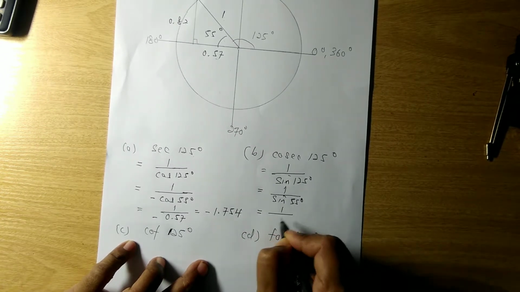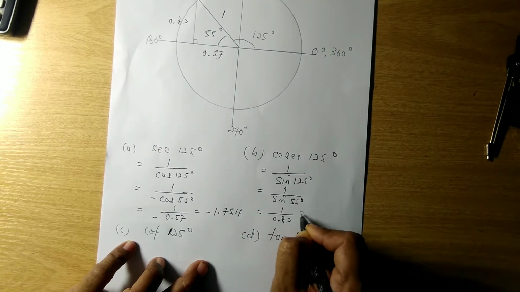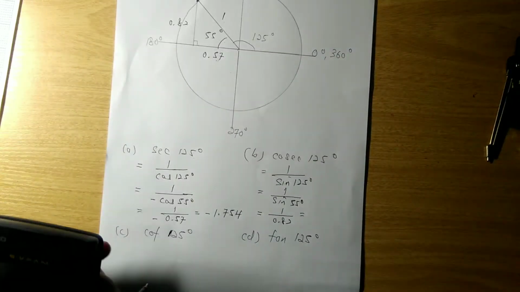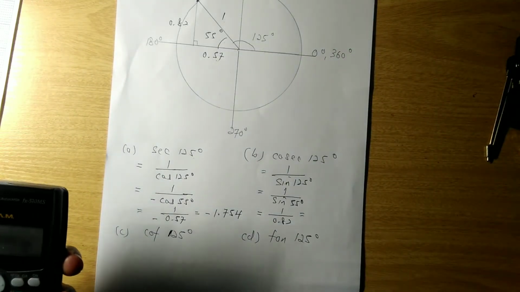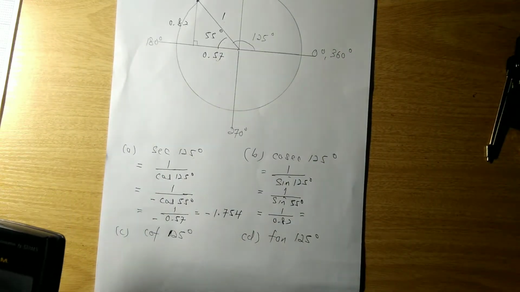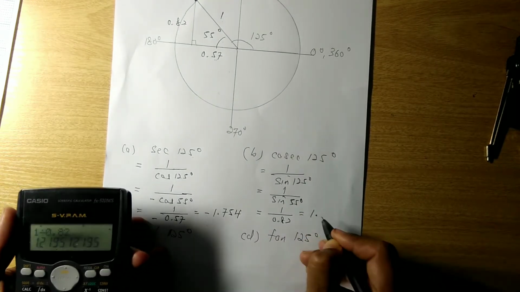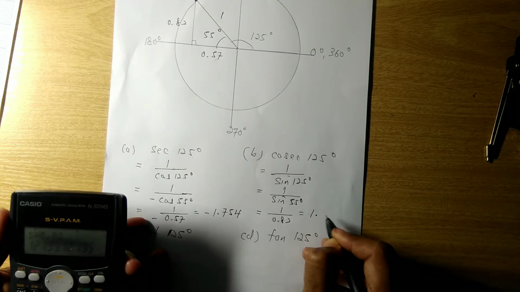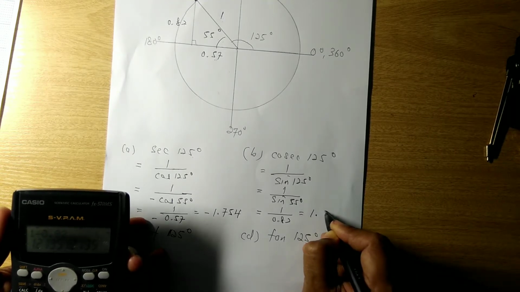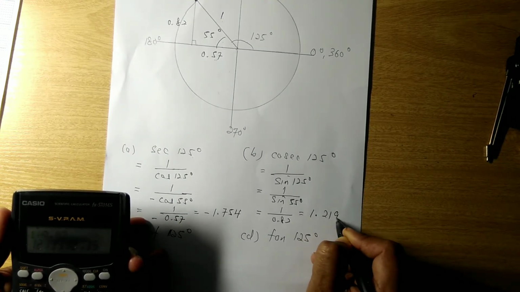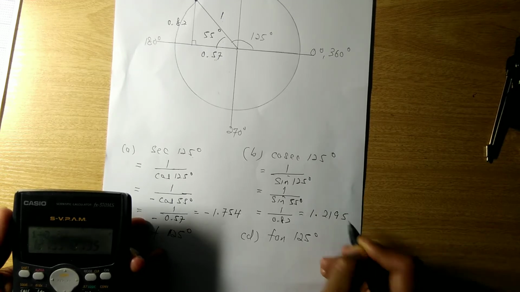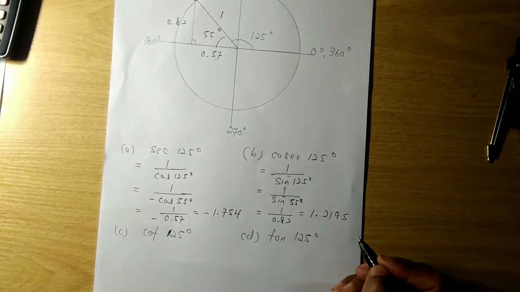So 1 over 0.82 is about 1.2195. Okay, all right. So what happens if it's cotangent?